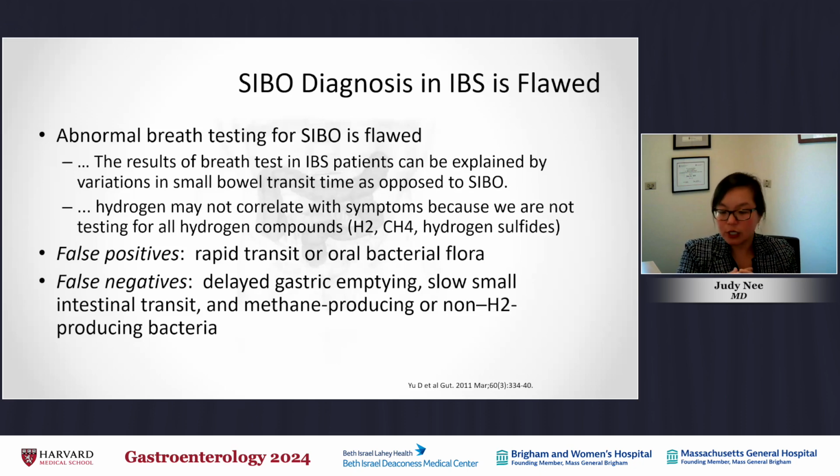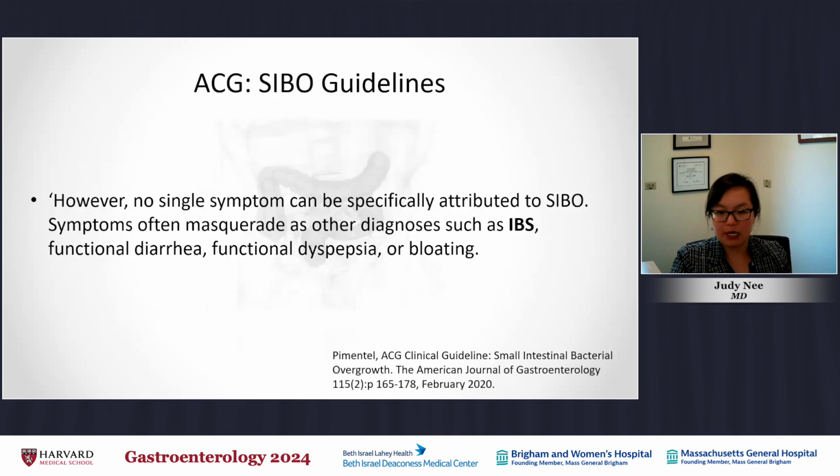You could potentially test for methane. You could also test for hydrogen sulfides. We are not sure about all the different hydrogen consuming bacteria or flora. False positives can develop because of rapid transit or oral bacterial flora, and false negatives can result because of delayed gastric emptying, slow small intestinal transit, and methane producing or non-hydrogen producing bacteria.